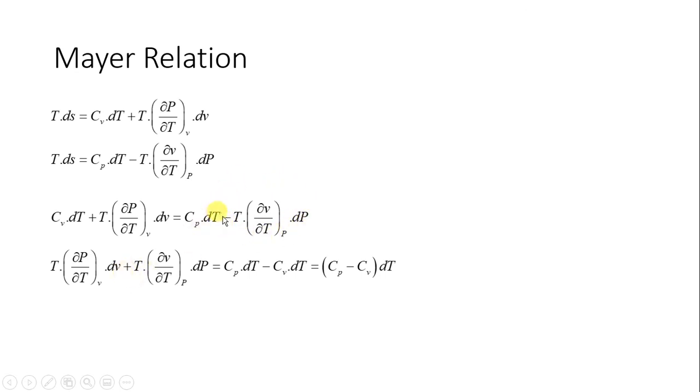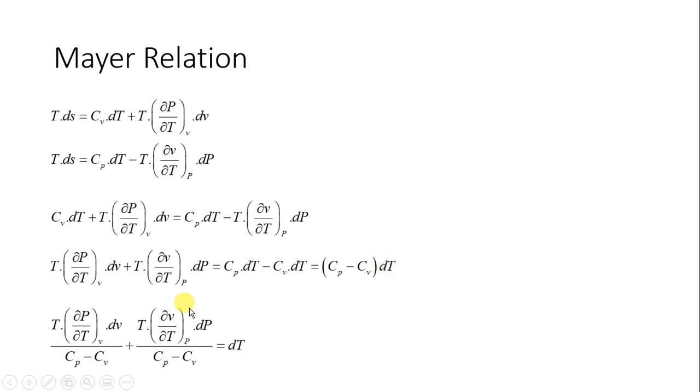So plus T dou V by dou T at constant pressure, dP, is equal to Cp dT, and taking this term to the right hand side, it becomes negative, minus Cv dT. Now you can see Cp minus Cv is appearing over here. So dT is common, and we will write Cp minus Cv dT.